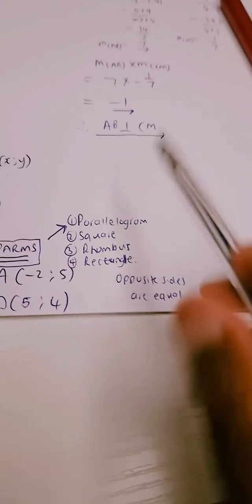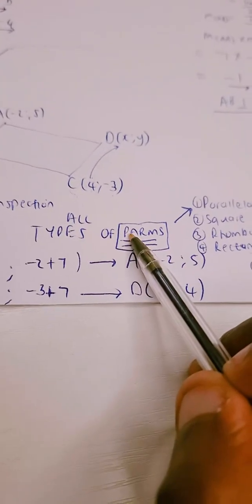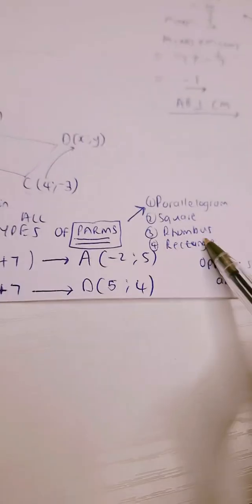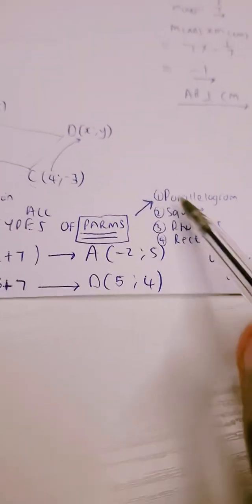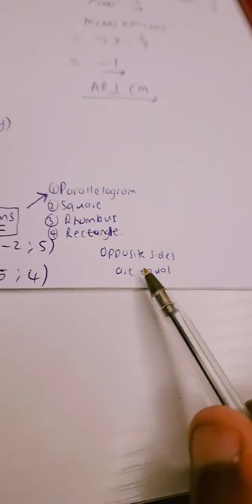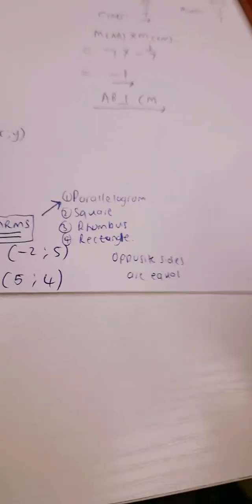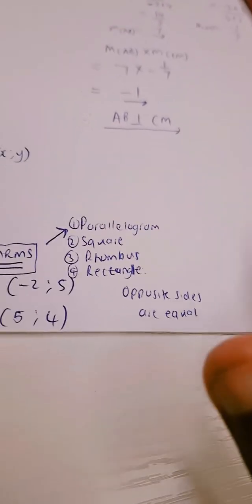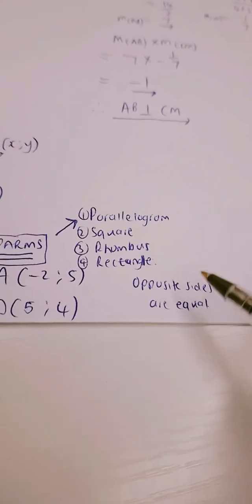I'm saying that this approach by inspection works for all 4 types of parallelograms. Okay, guys, these are types of parallelograms. A parallelogram is a parallelogram in the truest sense, but I mean square, rhombus, rectangle. These are all types of parallelograms because they exhibit the major properties of a parallelogram, which are: the first one is both pairs of opposite sides are equal.